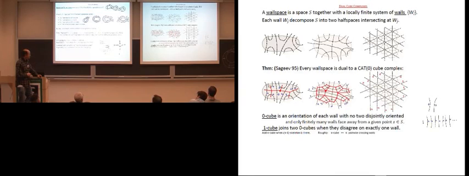So for instance, this 0-cube and that 0-cube over there, they would disagree on this wall right over here. So if I flip this normal vector, then everything would be kind of pointing towards that point over there, and so I flip this normal vector, I get to this 0-cube over here, and if I flip this one, I get down over there, and so forth. Okay, so to give you a little bit of a flavor.